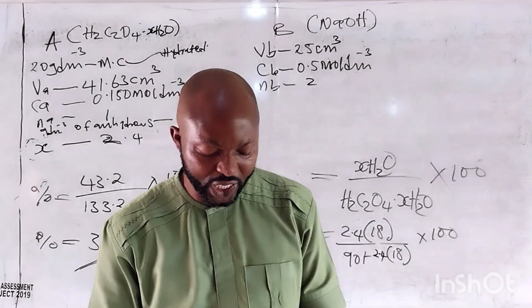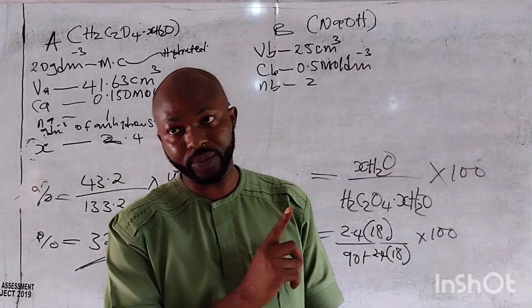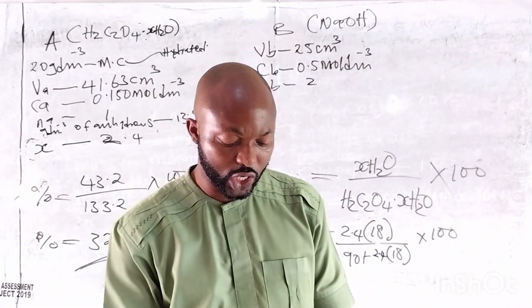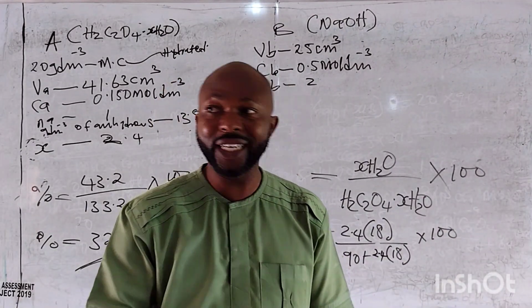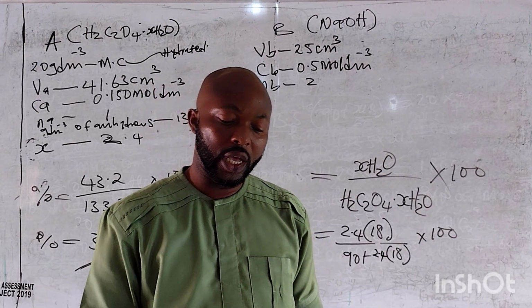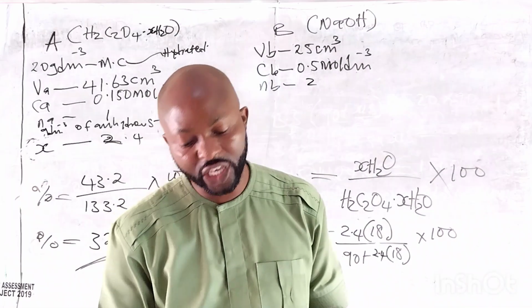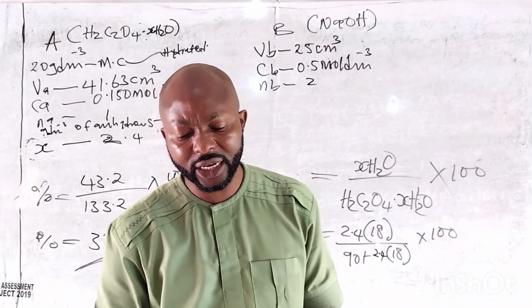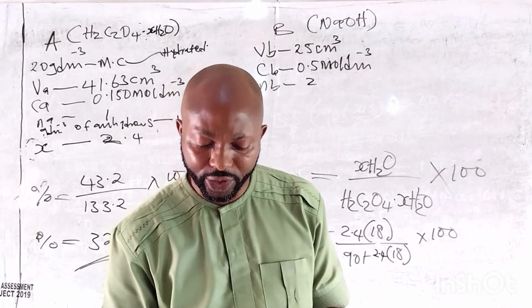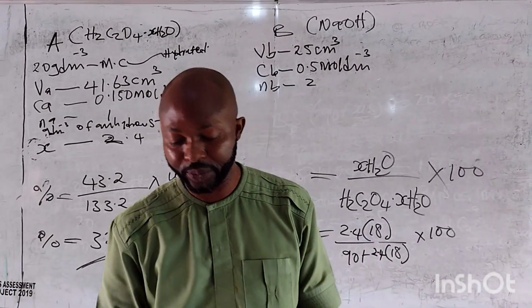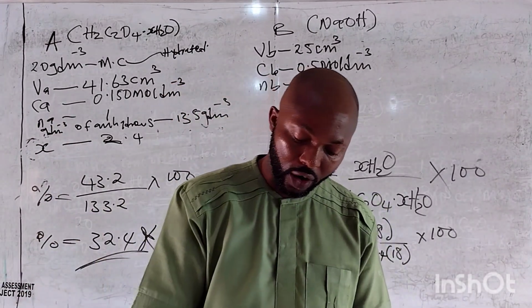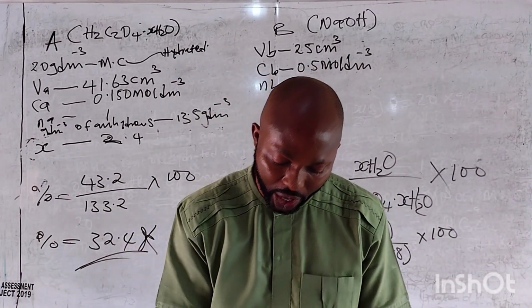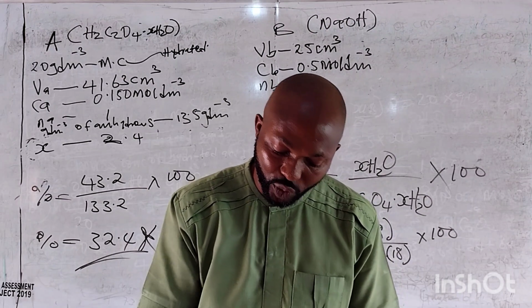If the volume of B is 25 cm3, we should calculate the concentration of B in mole per dm cube and in g per dm cube. C, given that B contains 3.60 grams of the hydrated sodium trioxocarbonate(IV) salt in 500 cm3. That is the mass concentration of the hydrated compound. They say we should calculate the percentage of water of crystallization.